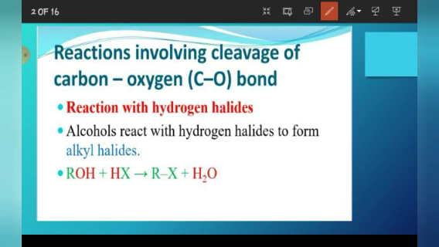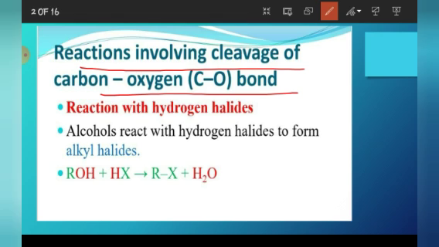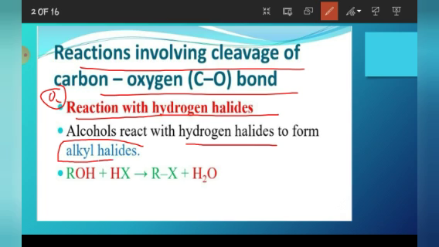Reactions involving cleavage of carbon-oxygen bond, and our first part A, reaction with hydrogen halides. Now see, alcohols react with hydrogen halides to form alkyl halides. We have studied this reaction in our last chapter.